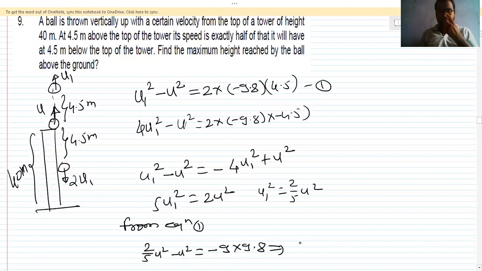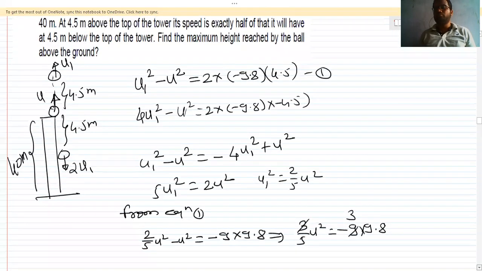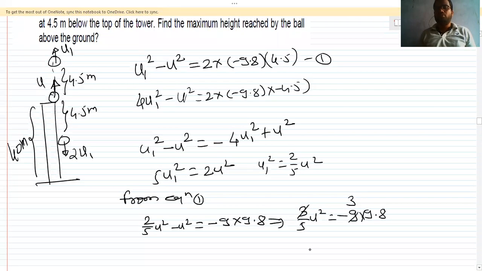So from this we have 3 by 5 u squared is equal to minus 9 into 9.8. So if you solve this, u squared is equal to 15 into 9.8.